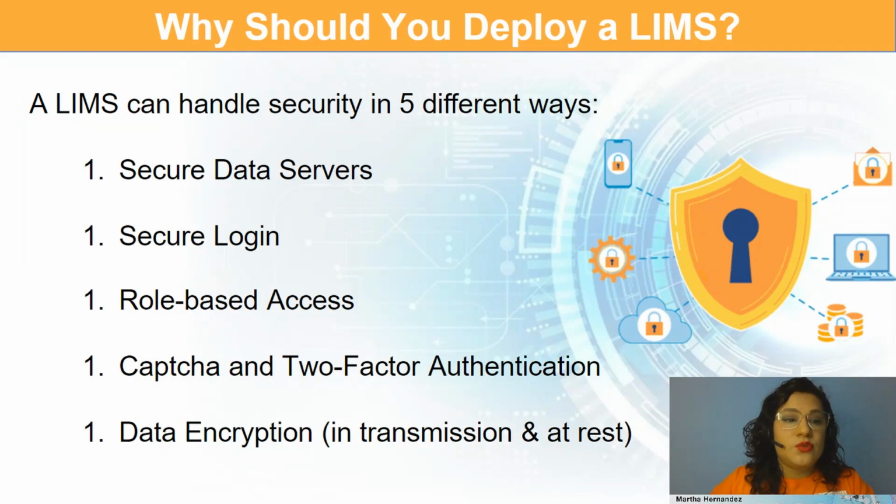It can help in 5 different ways: secure data servers and automatic backups, secure login and identifying unauthorized access, role-based access, two-factor authentication to prevent data loss, errors, and manipulation, and data encryption. So let's see how it works.